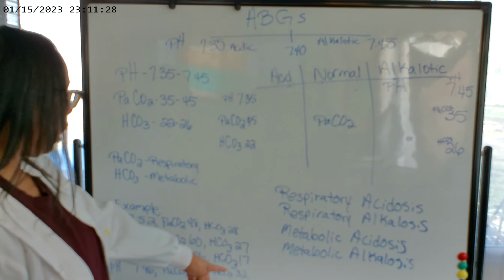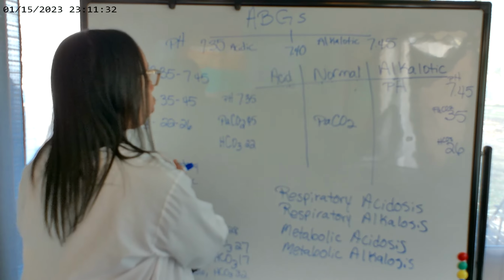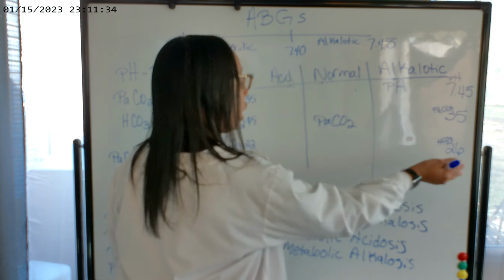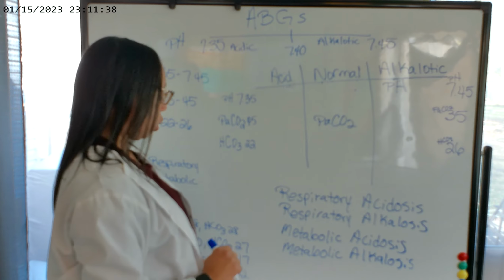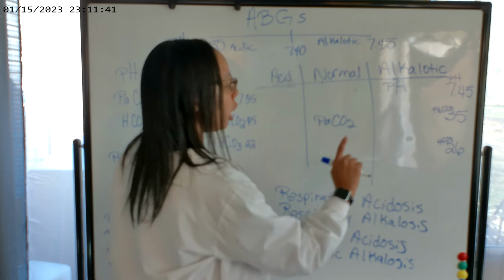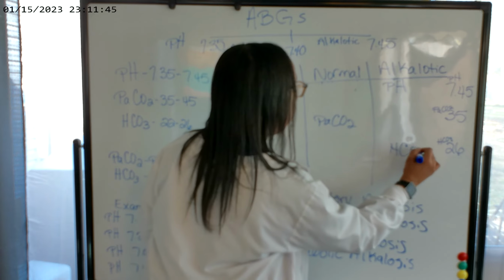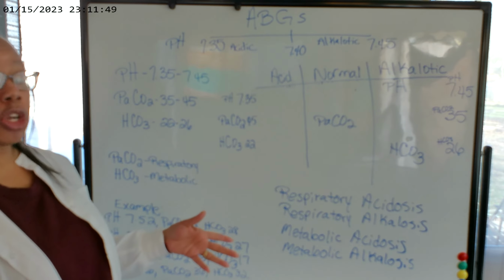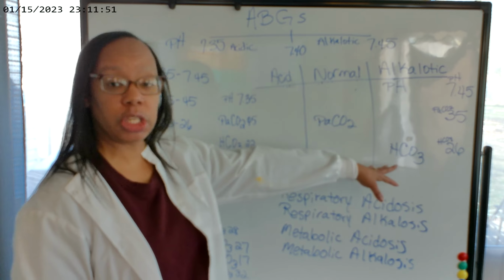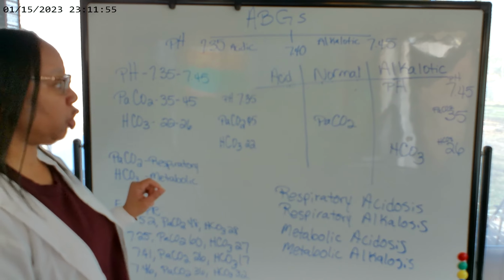Our bicarbonate, HCO3, is 32. Is that below 22, above 26, or somewhere in the middle? So our HCO3 of 32 is above 26. So our HCO3 is alkalic. So which one matches our pH? Obviously our HCO3 matches our pH. So therefore it's a metabolic issue.